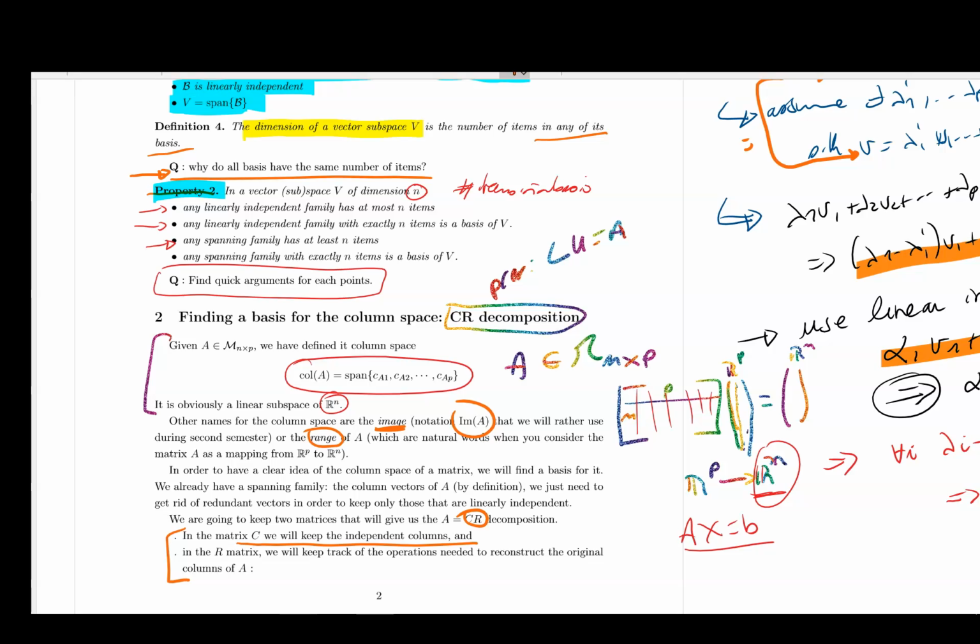We will consider them one by one and only keep the independent ones. If ever you've got a non-linearly independent column, then you just discard it. And in the R matrix, you will see that it's going to be a row matrix. You keep track of the operations needed to reconstruct the original columns of A.